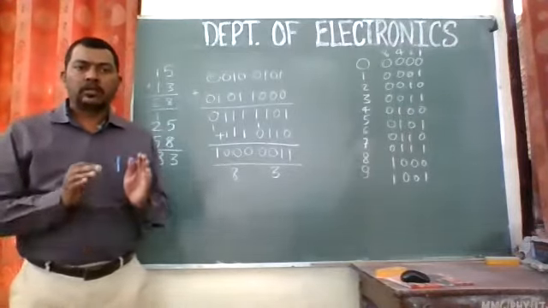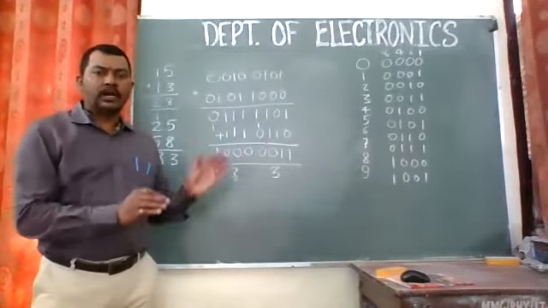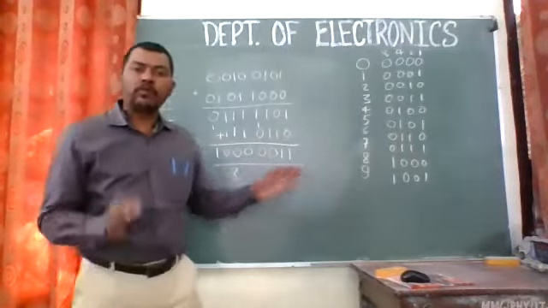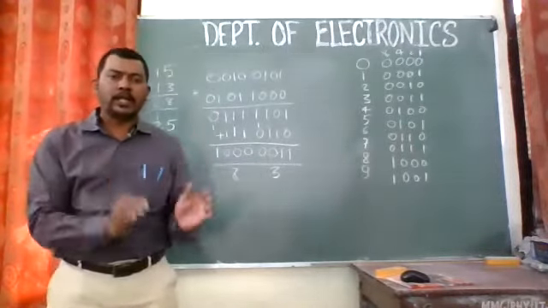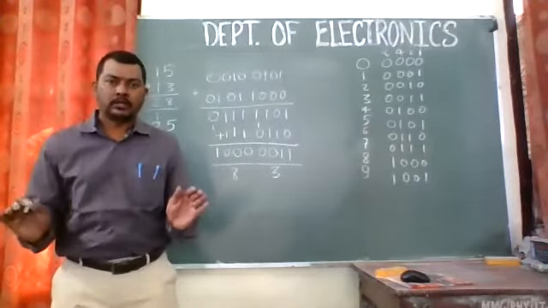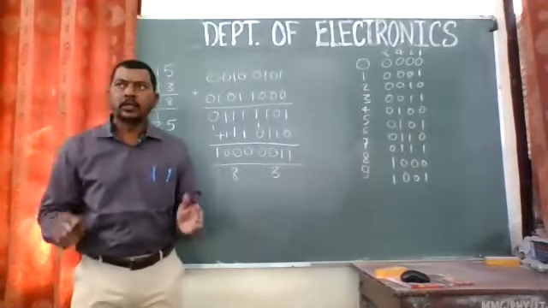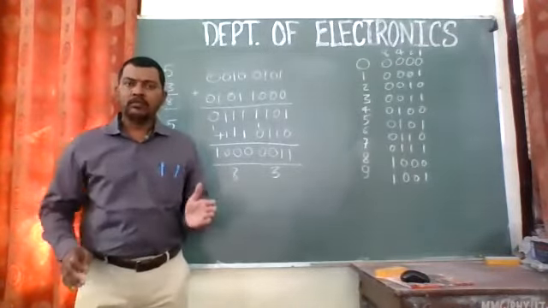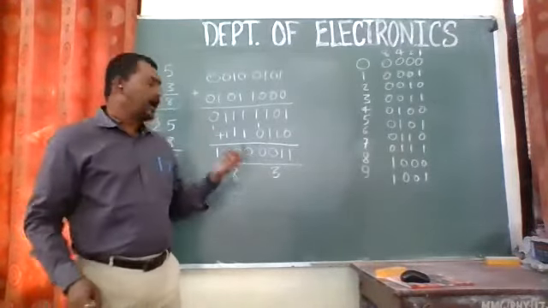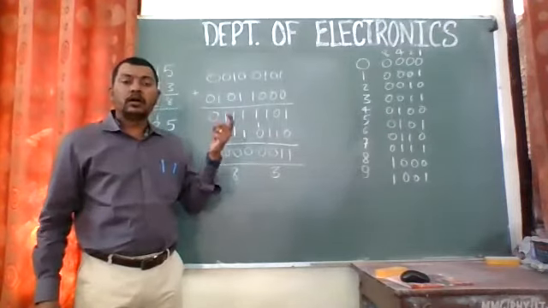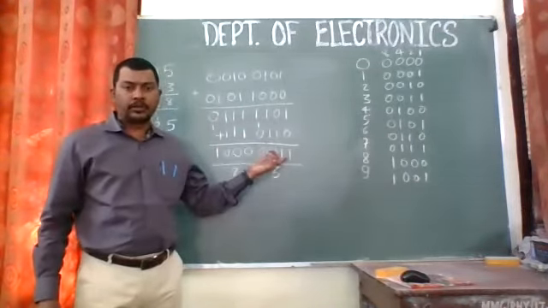So whenever the number obtained by this addition exceeds 9, because we are working on BCD, binary coded decimal, only up to 9 and not more than that, then we have to add 0110, that is 6 in binary, to that particular 4 bit only.